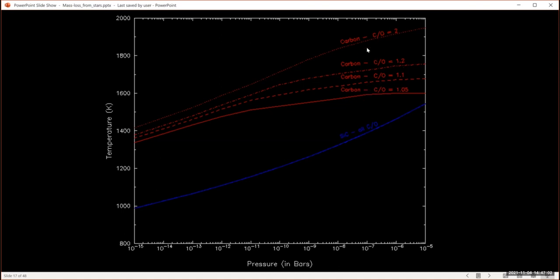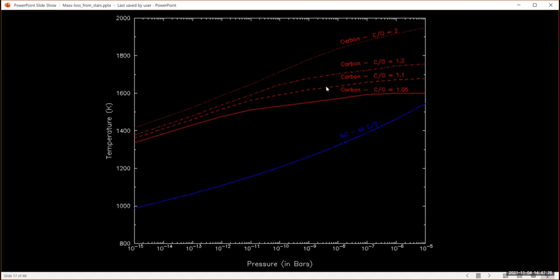We'll come back to this later, but it can be easily understood in terms of this: as long as the carbon to oxygen ratio is above 1, all the oxygen is consumed in carbon monoxide, and so the excess carbon is available to make dust. But when you only have a very small excess of carbon, the partial pressure of carbon is low, and so the stability temperature is low.